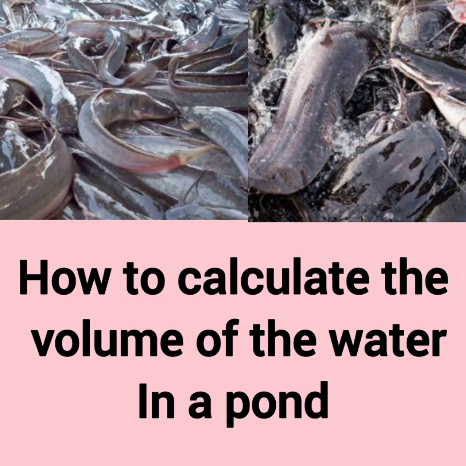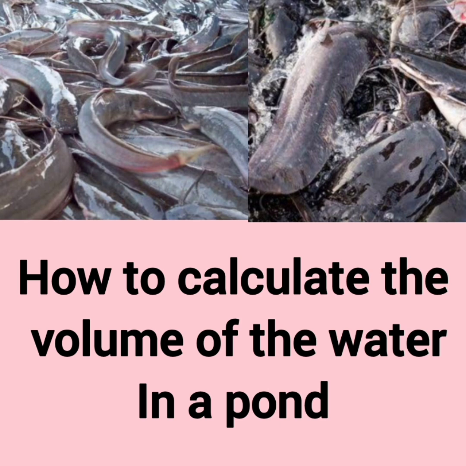So we are going to take some few numbers here in order to calculate the volume of our pond. Let's say the length is 60 centimeter, the width is 40 centimeter, and the height is 1.5 centimeter.